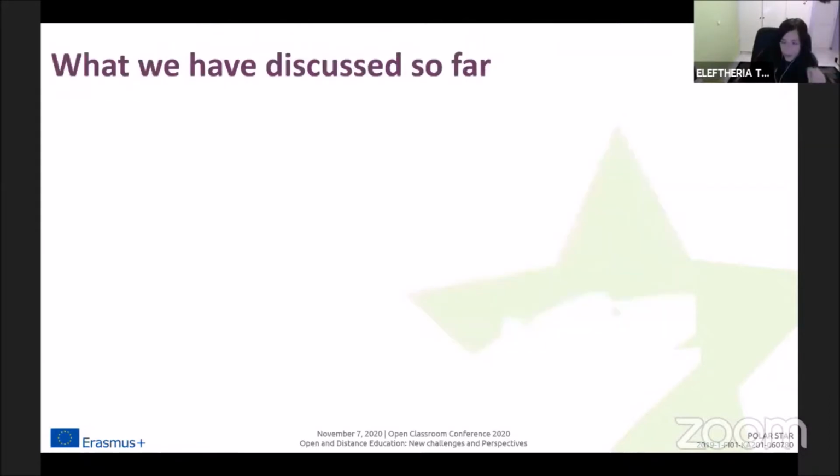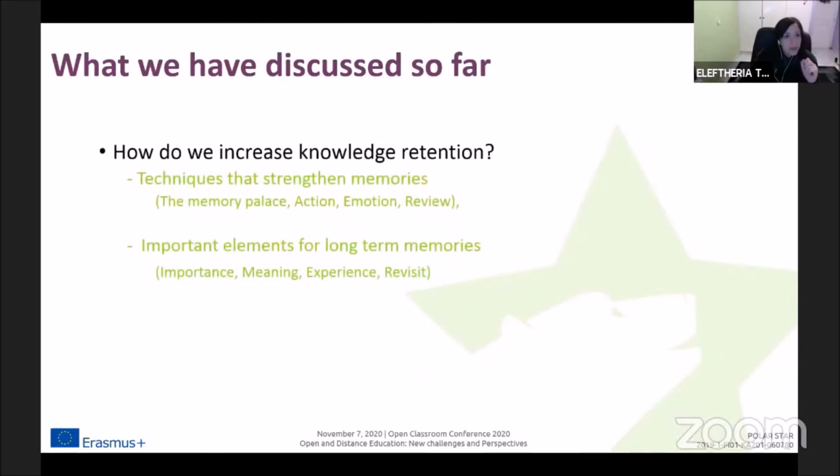So let me sum up again, because as we move along, more and more information piles up and it's easy to get lost. We talked about increasing knowledge retention. We talked about a technique to strengthen our memory, which has 4 steps: deciding, imagining a memory palace, storing memories in the memory palace through action and emotion, and then reviewing your palace and what you have put in it.